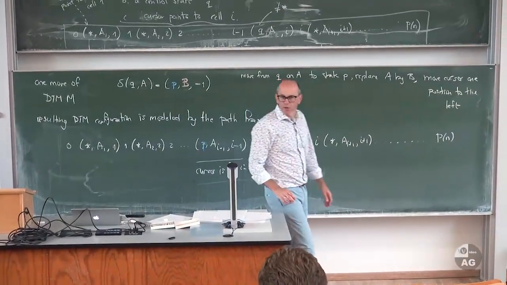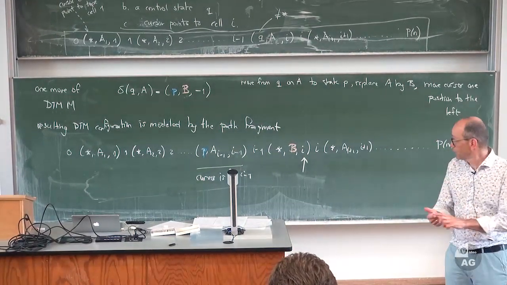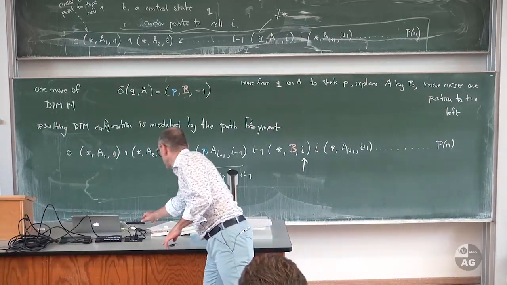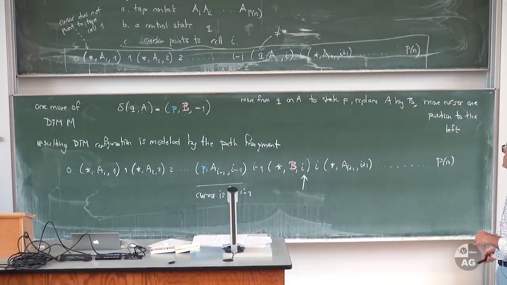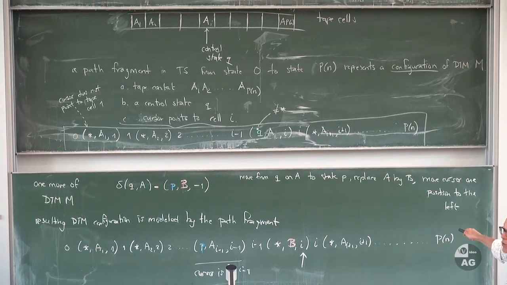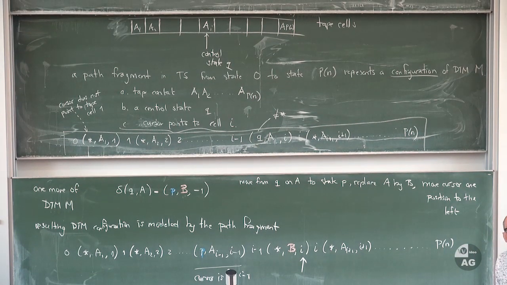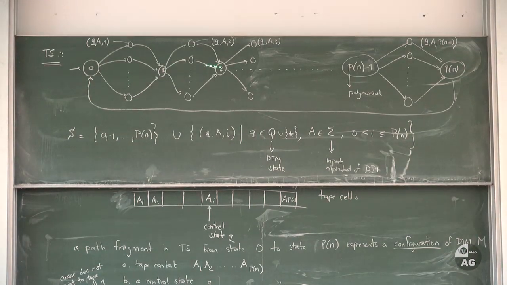What does this formula have to encode? Well, it has to say something about the input word. It also has to say something about the fact that, for instance, here I was just explaining the intuition and saying, okay, if this is a configuration, there is exactly one position where there is no star. Who is going to ensure that this is always the case? My transition system doesn't. It allows to be at this state somewhere here, where there is no star, and there at the same time.